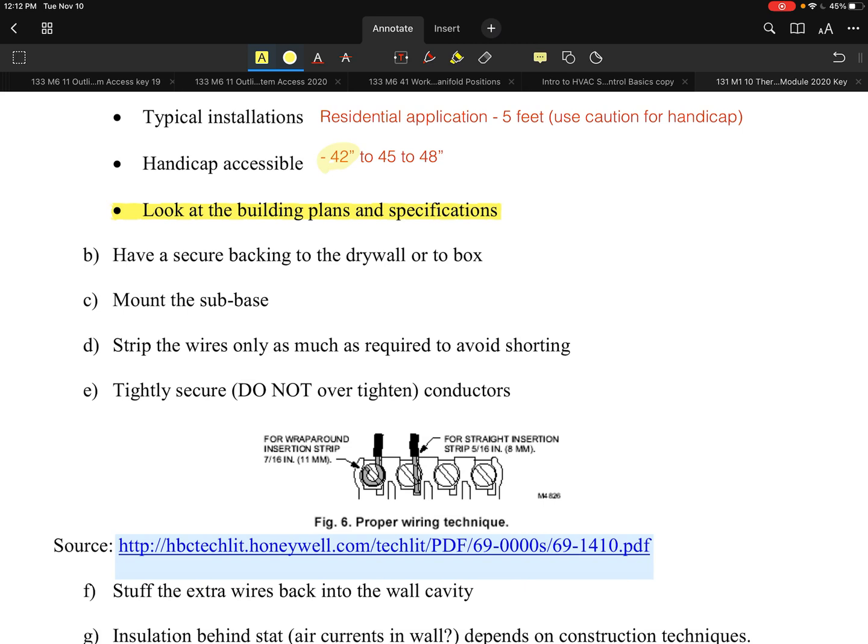So when you're going to install a thermostat in an application, what a lot of guys will try, or encourage people to do when it's possible, let's say this represents that wall, and here's the next stud.